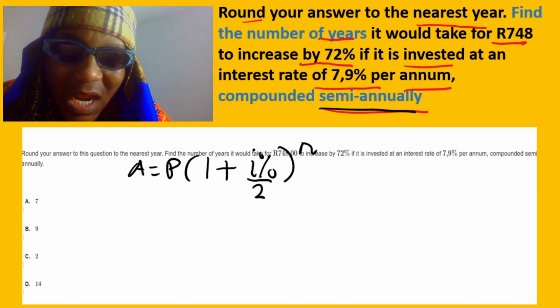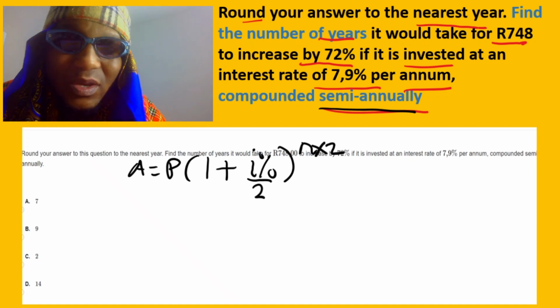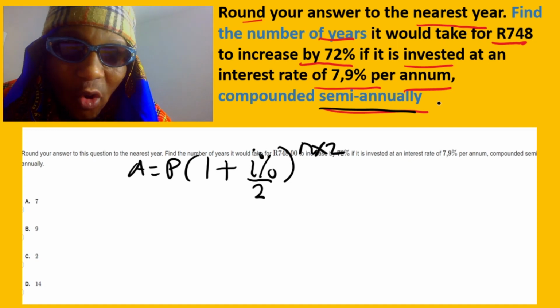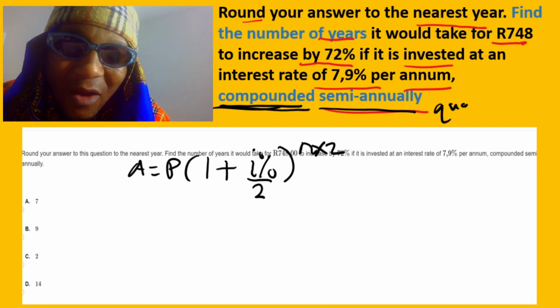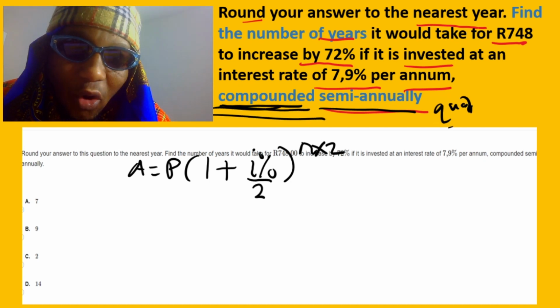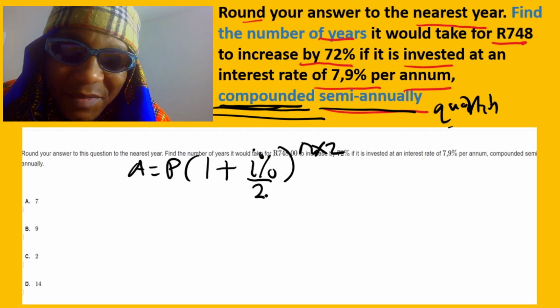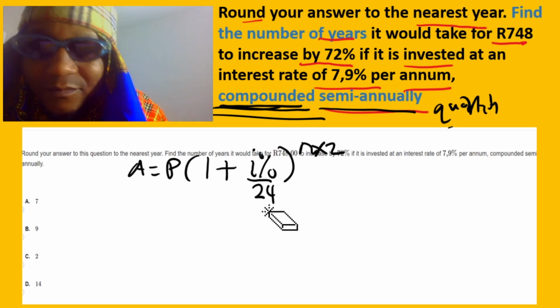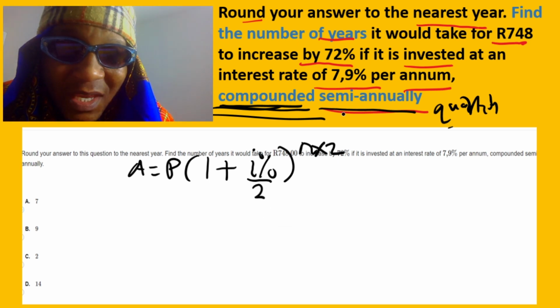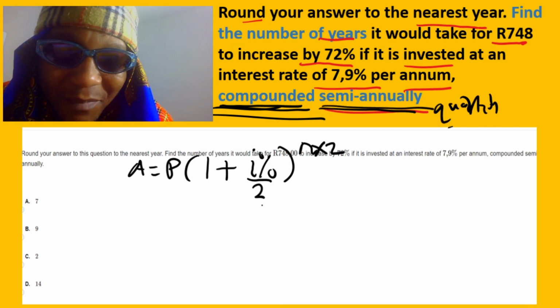Semi means 2, and then you multiply your time by 2. If they say quarterly, it means you divide by 4, and here you multiply by 4. You must do the same thing over there. But for now, it's just semi-annual, so divide by 2 and multiply your years by 2.